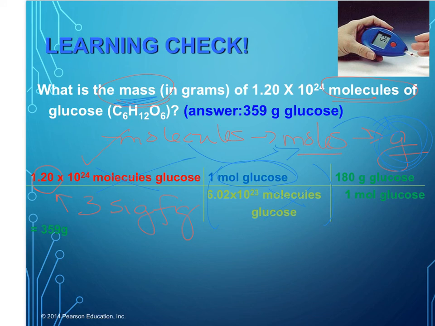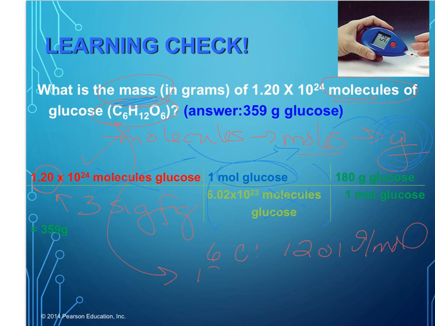To find the molar mass of glucose, you literally look up the molar mass of every atom involved. So looking at that formula, we have 6 carbon atoms, each of which have a mass of 12.01 grams per mole.